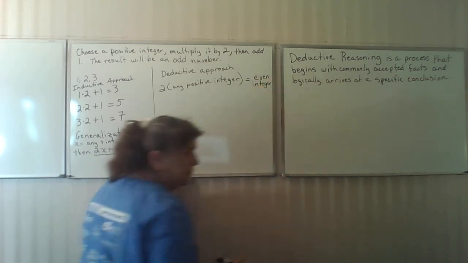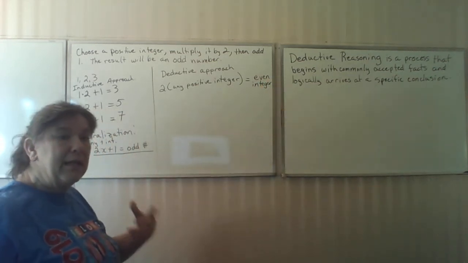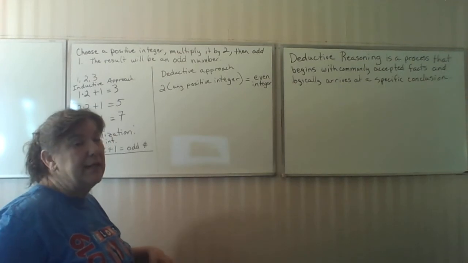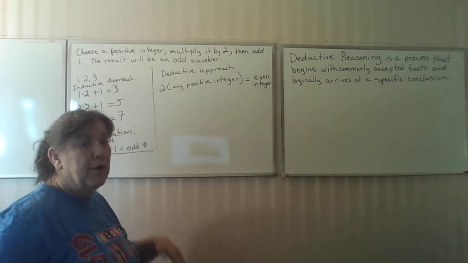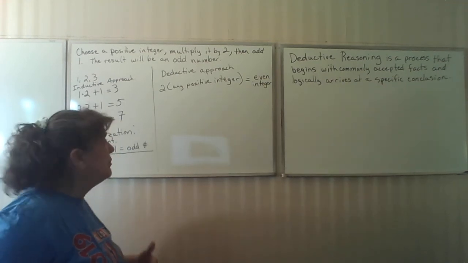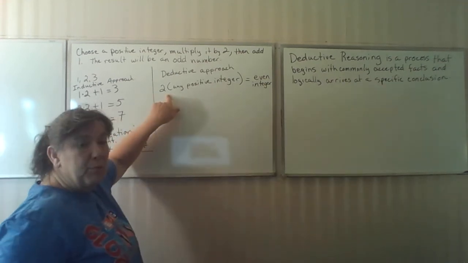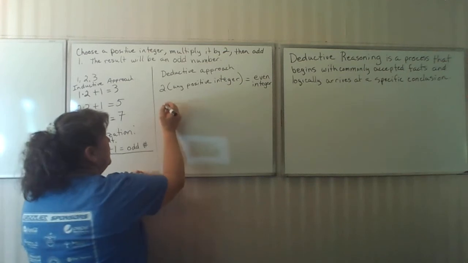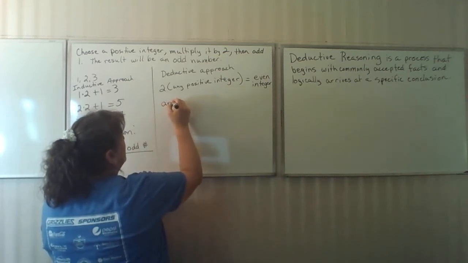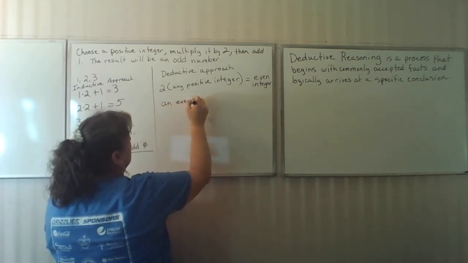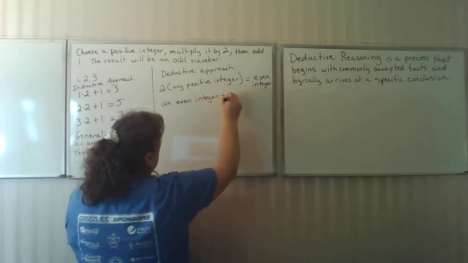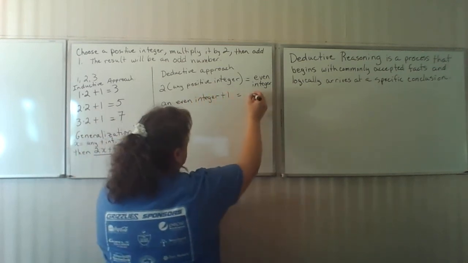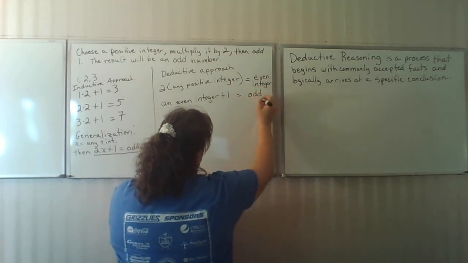Okay? In other words, it equals an integer ending in 0, 2, 4, 6, or 8. All those are positive integers. So that's rule number 1. Rule number 2 is an even integer plus 1 equals an odd integer.